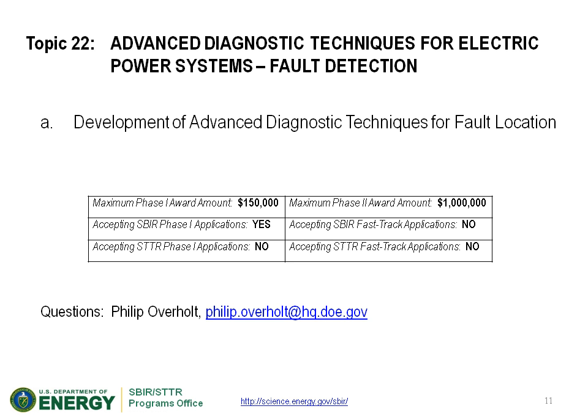Topic 22 is focused on the area of fault detection, and there are 2 types of detection here that we're thinking about, for overhead lines at the transmission or distribution level.